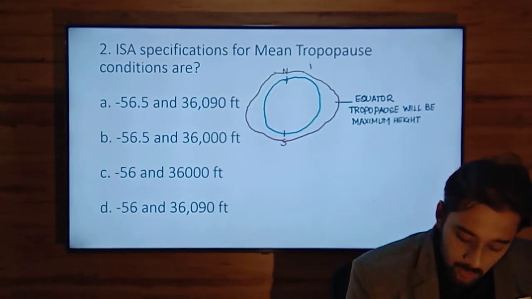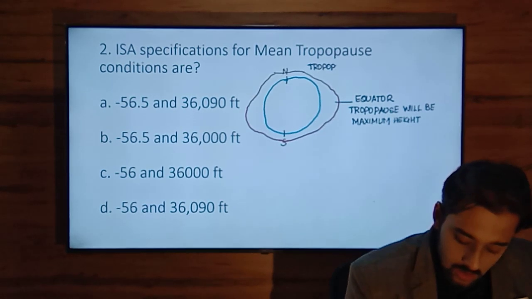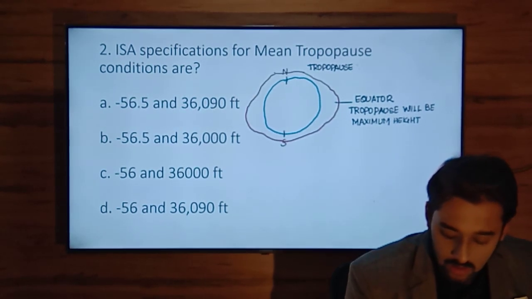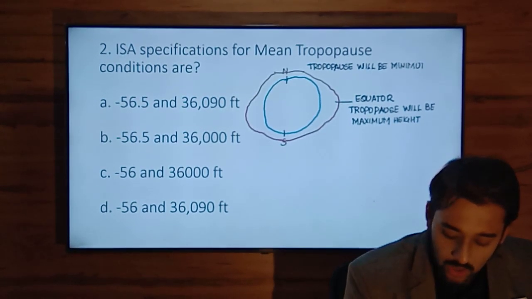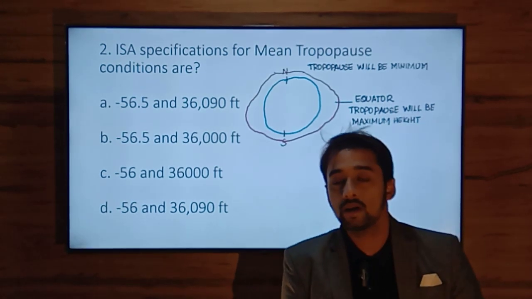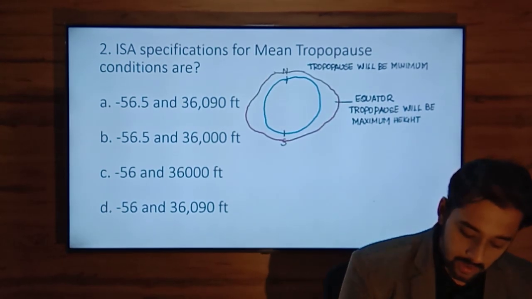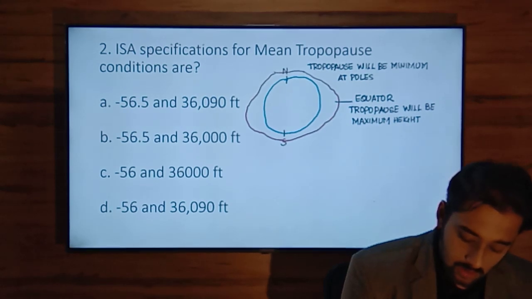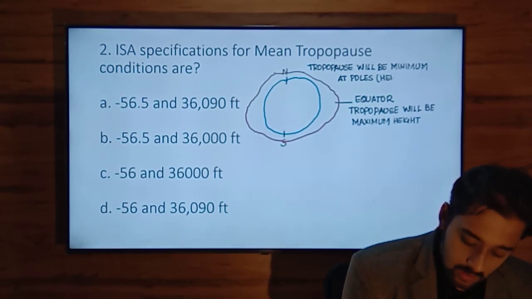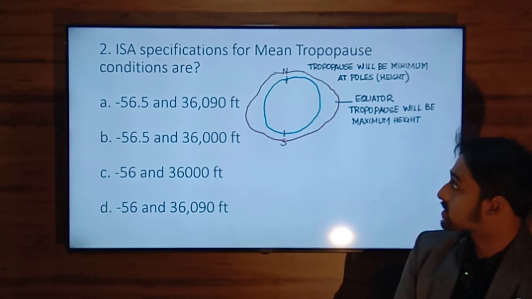At poles the tropopause will be at minimum height. So it all depends on latitude, seasons, day and night, amount of insolation. So it will be minimum at poles, the height. So you have to remember these 2 points.